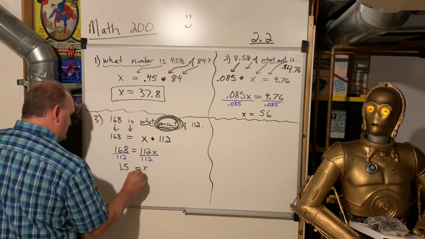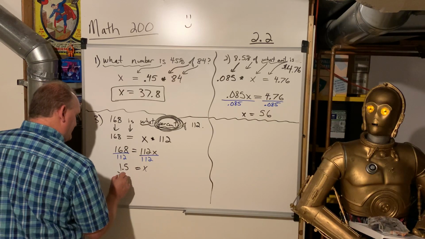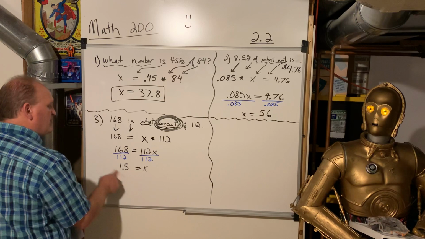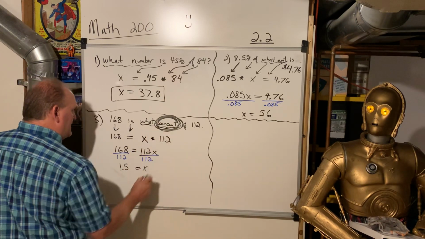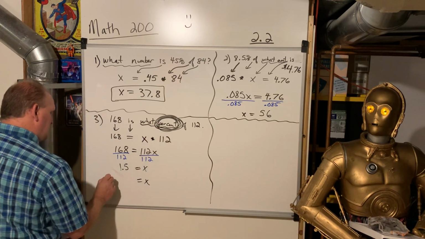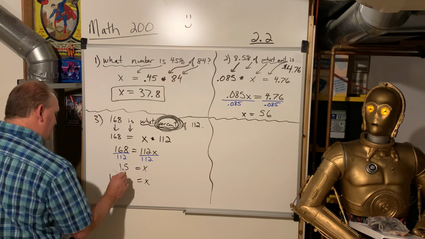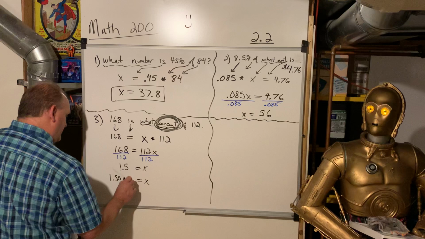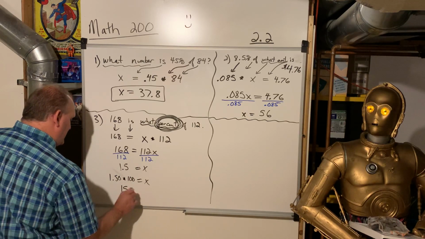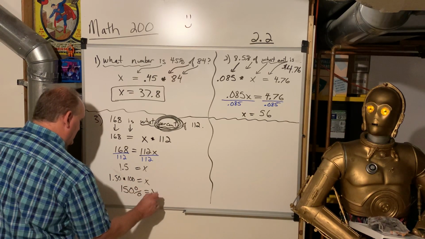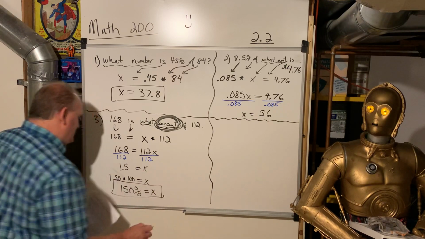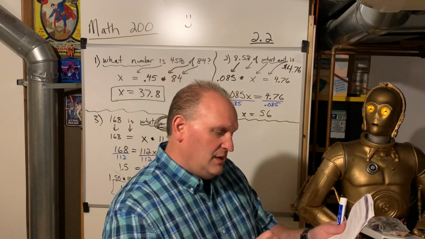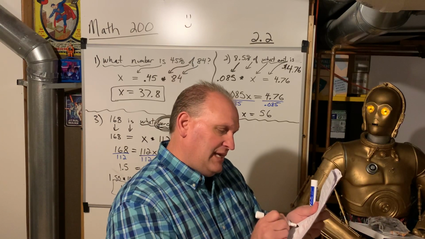Uh-oh, SpaghettiOs, I'm going to want to change that, because they asked for the percent. What percent? So x is equal to 1.5 times 100. That's 150%. That should be the answer that I wrote down. So I am going to go add that and rescan it in.